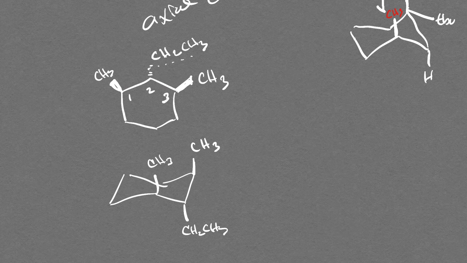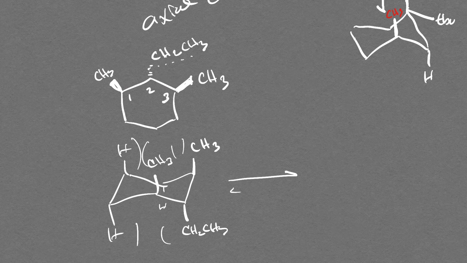All right. So that makes sense. And if we just look at the 1,3-A strain, we notice they're bumping into each other. These methyl groups are bumping into each other, and down here you have essentially also methyl groups bumping into each other. This is like the least favorable way to write out these configurations, right?